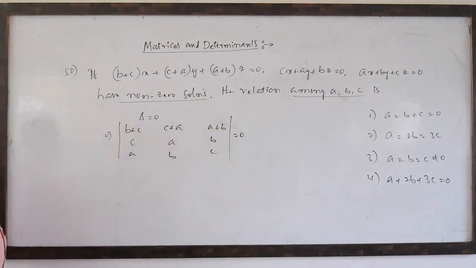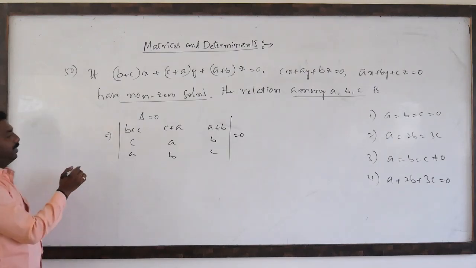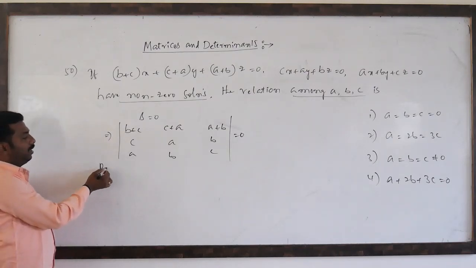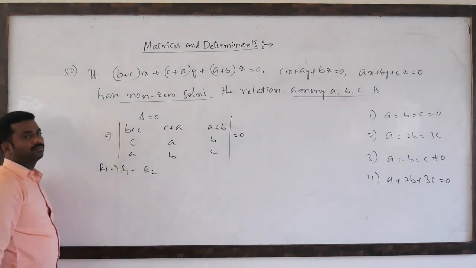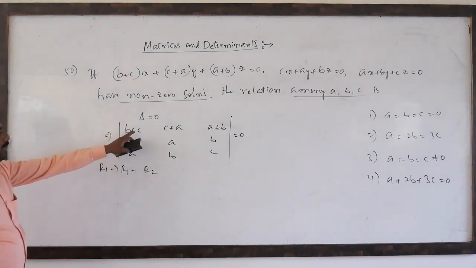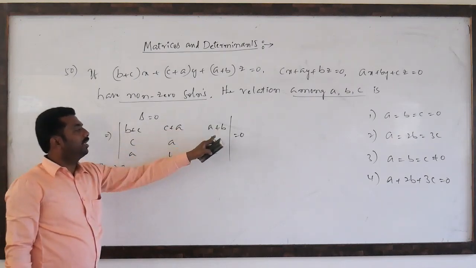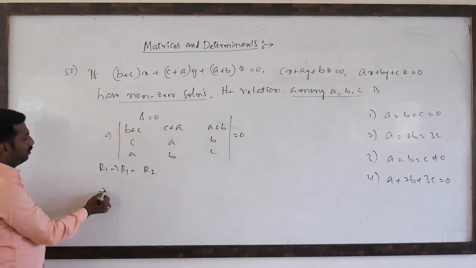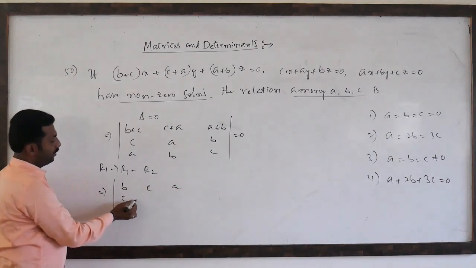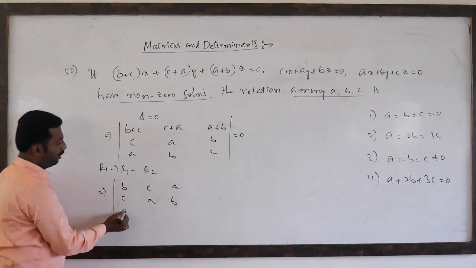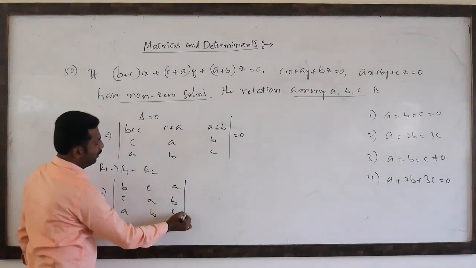If you apply the operation r1 changes to r1 minus r2, c cancels, a cancels, b cancels. So finally what we get is the rows b, c, a; c, a, b; a, b, c.